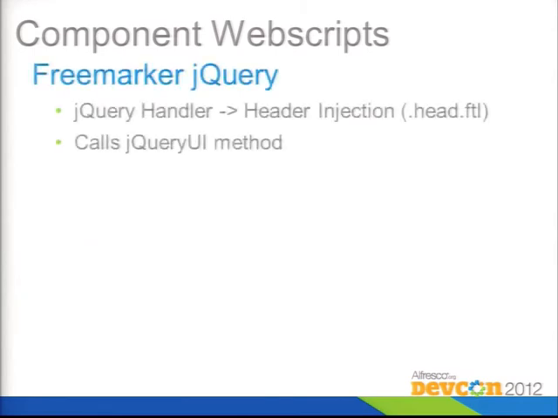For the jQuery page that I've got here, I'm going to actually put some additional code into that page. So this is what I was talking about a minute ago about header injection. I can take the Freemarker code for the actual little piece of the header, and I can put in this jQuery call, which builds an accordion UI widget.